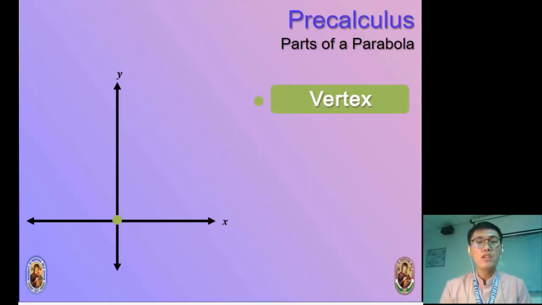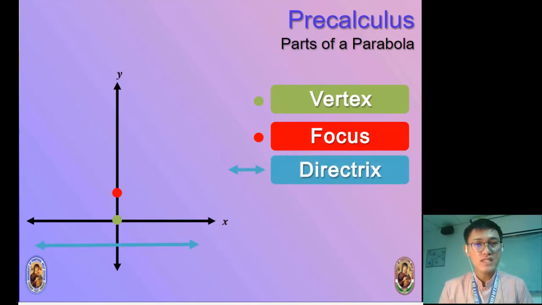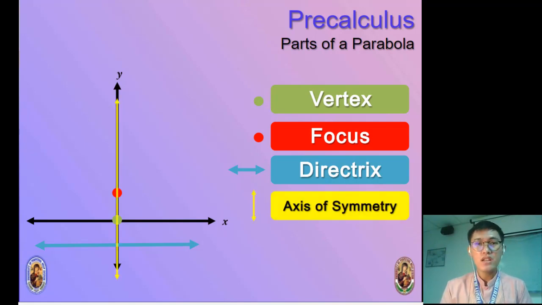Okay, so we have here the parts of a parabola. We also discussed last time the parts of the circle. At this time, we'll discuss the parts of a parabola. We have here the vertex, the focus, the directrix, colored blue, and the axis of symmetry.